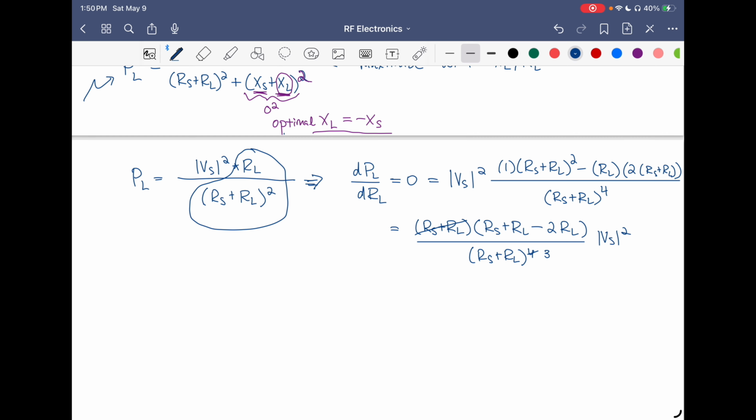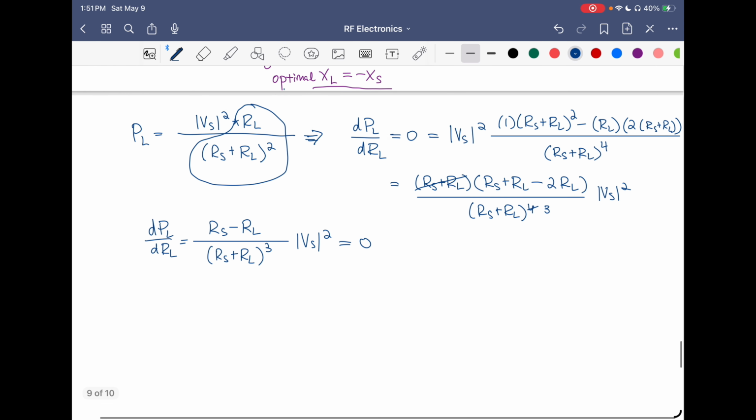So we're left with a cubic instead of quartic. And now the derivative expression looks like so. We have in the numerator Rs minus RL over Rs plus RL to the third times Vs squared equals 0, which will give us the optimal RL value.